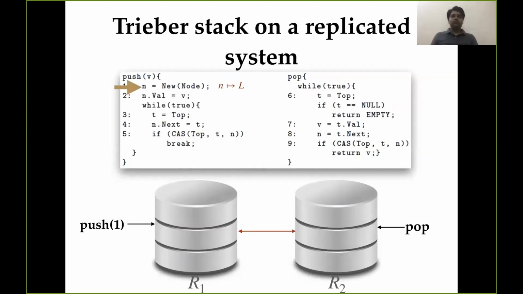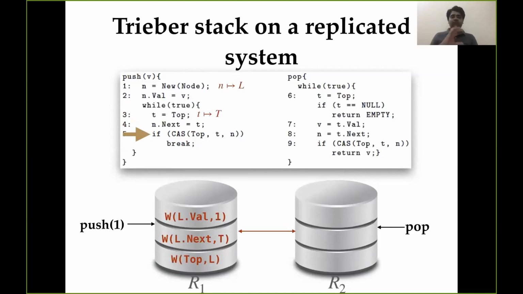Let's call the node L. It's going to write the newly inserted value 1 to L.val. It's going to read the current top of the stack, let's call it T. It's going to write the value T to L.next. And finally, it's going to update top to the newly inserted node, so it's going to write L to top.